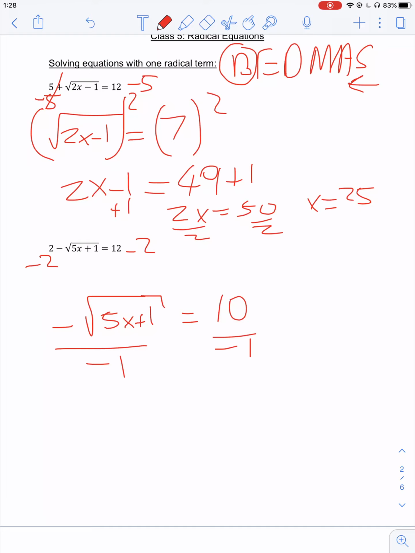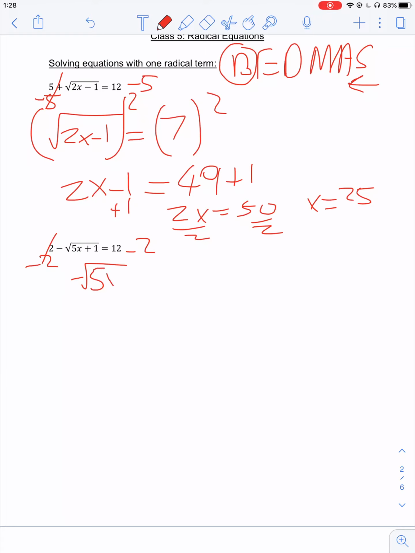Actually, I'm using a lot of space over here, so I'm just going to erase this whole thing and show you something, because I need all that space. What will end up happening is these 2's will cancel. So then I'm going to have minus square root of 5x plus 1 equals 10.